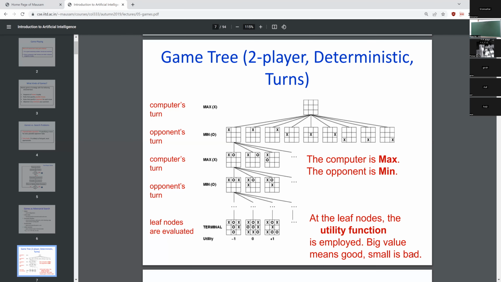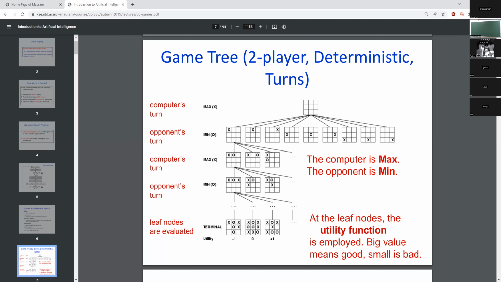Right? So altogether, in layer 2, there will be 9 into 8 nodes. Why 9 into 8 nodes? There are 9 nodes in layer 1, and for each of the 9 nodes, there are 8 possible next states, depending on where the knot is put.